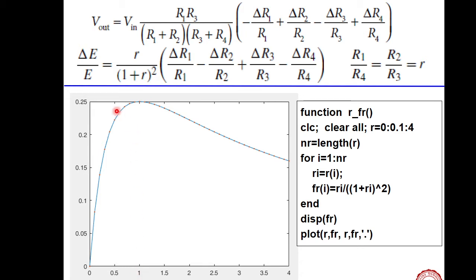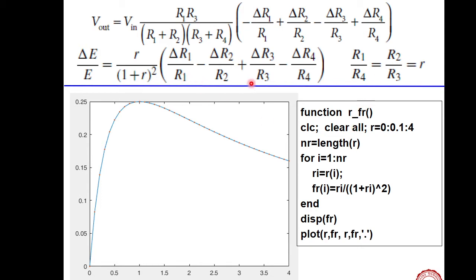You can carry out a derivative of this with respect to R and find it out, the same thing will come. So, the maximum value we can get from here is basically 1 by 4. If we take that, R value is 1. That means R1 by R4 equal to R2 by R3 equal to 1, and that is what is used.